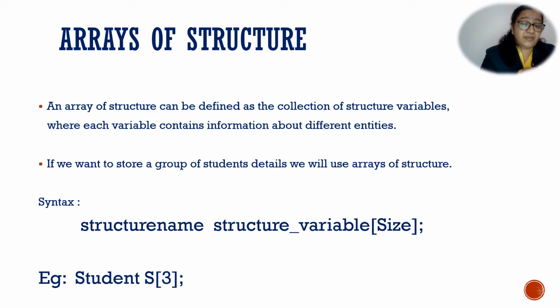So one variable can store one student's details, and another variable can store the same style of data but for another student. Different values we can store in it. That is arrays of structure. Understood? So an array of structure can be defined as a collection of structure variables where each variable contains information about different entities.